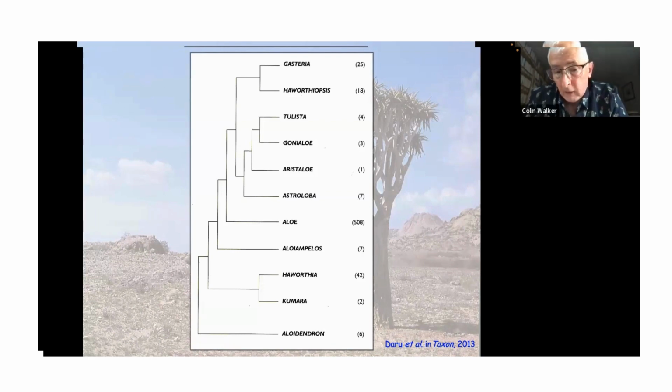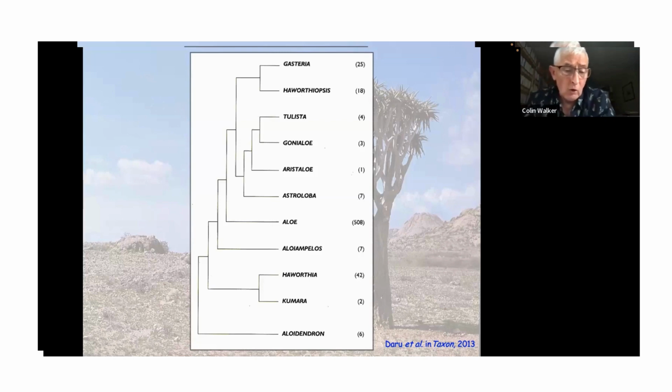Aloidendron in this molecular family tree turns out to be the most primitive. Aloe was also split into Aristaloe, Gonialoe, and Kumara. Whereas Haworthia was split into Haworthiopsis and Tulista. So that is the current state of the taxonomy.